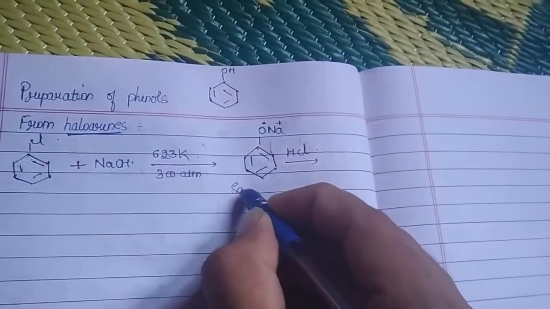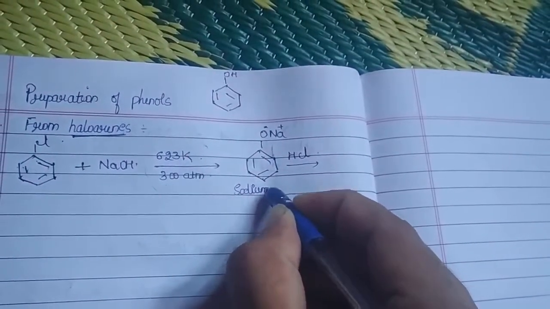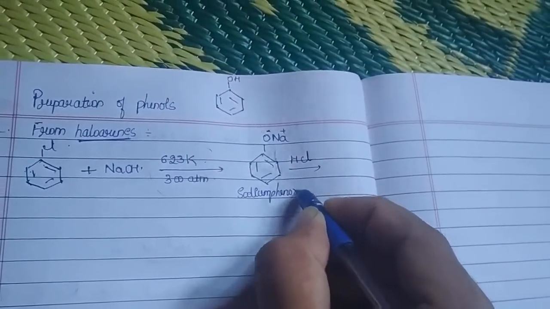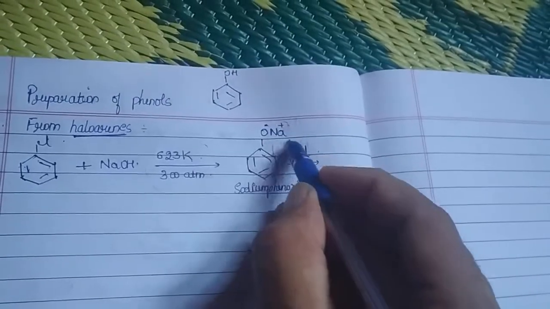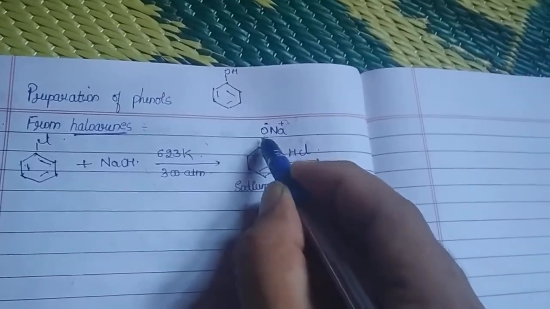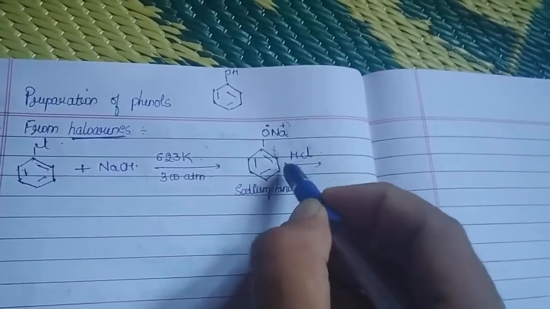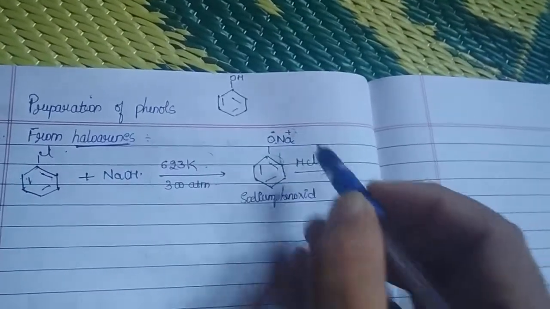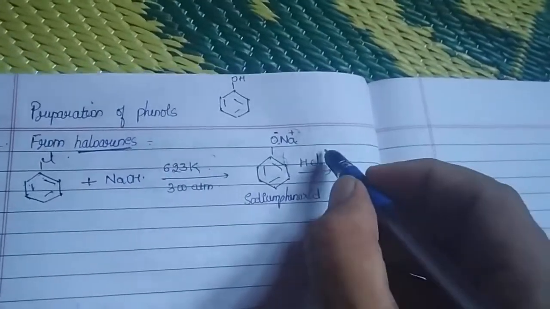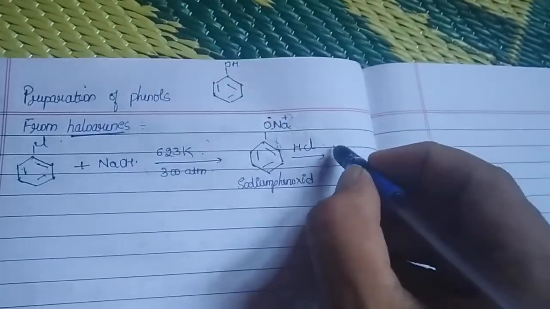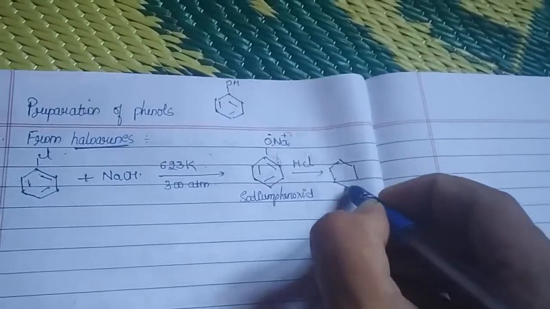Basically it is called sodium phenoxide, where sodium is attached to the phenol oxide. Then it is acidified with HCl. Finally, we get our phenol.